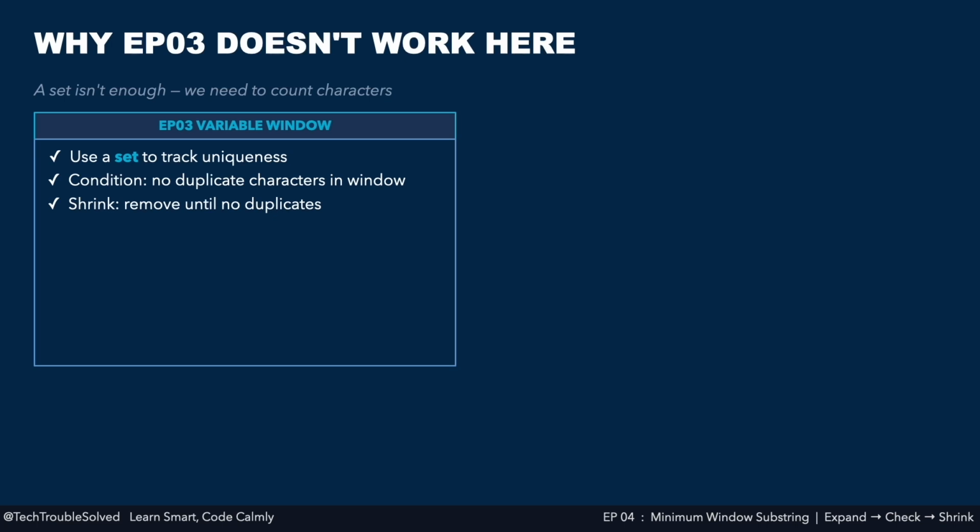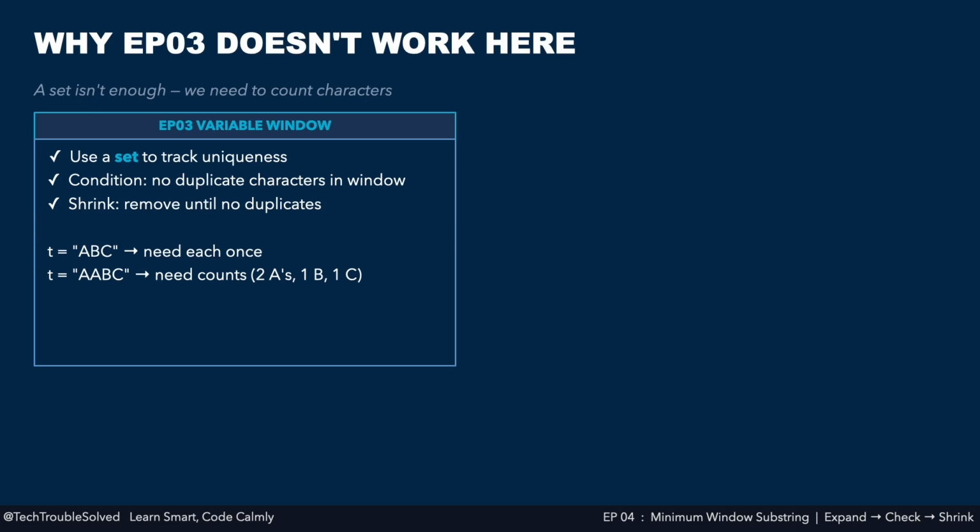But let's stress test it. T equals ABC. I need 1 A, 1 B, 1 C. My set says, does the window have A? Yes. B? Yes. C? Yes. We are good. But what if T equals AABC? I need 2 A's. My set still says, does the window have A?